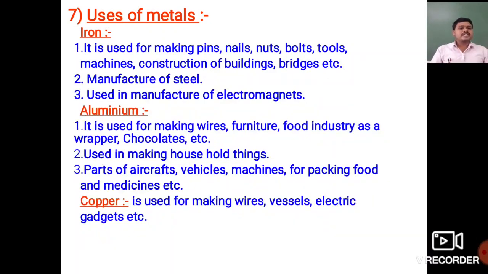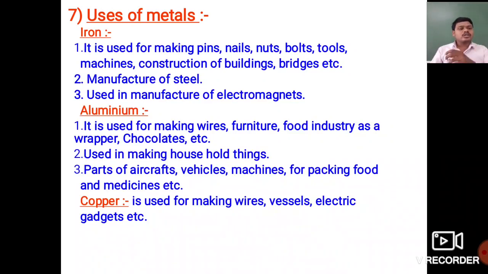Next one is aluminium. Aluminium is also one kind of metal, and it is very important to us. Let us discuss the uses of aluminium. Aluminium is used in the manufacturing of wires, furniture, and even in the food industry.